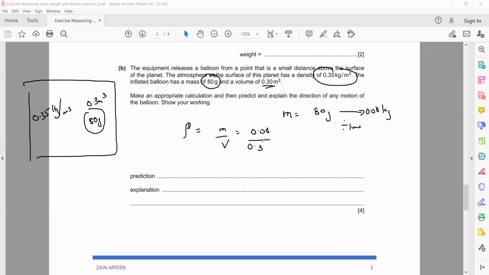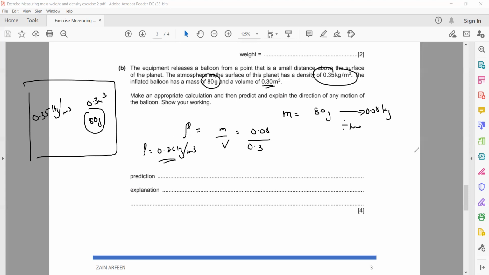What's the answer? 0.08 divided by 0.3. 0.26. So the density of the balloon, when we calculate it, is coming out as 0.26 kilogram per meter cube.